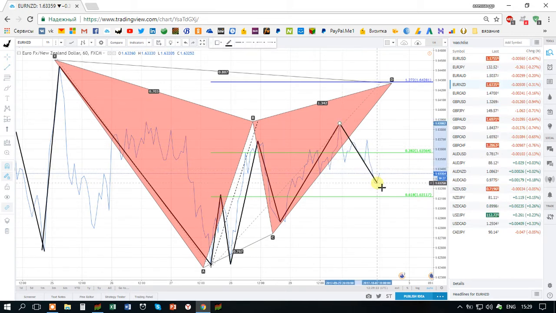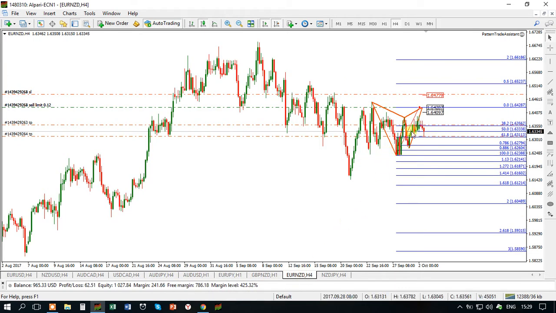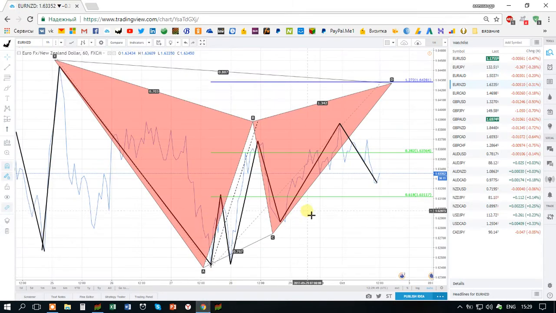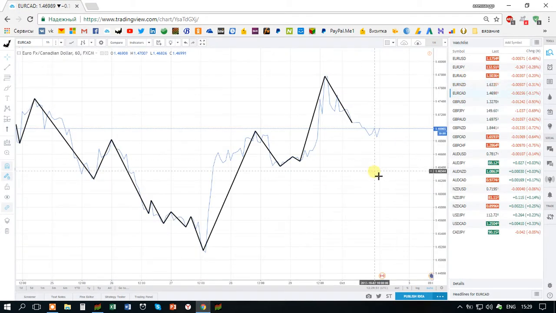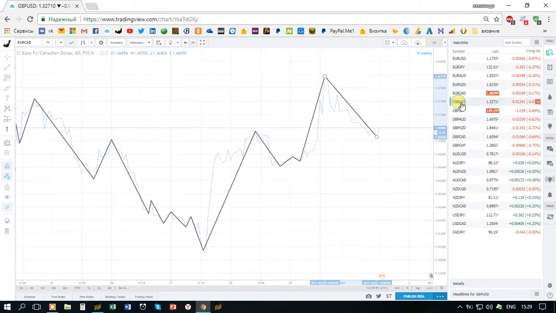Yes, we have a downswing, but no other pattern. Euro New Zealand, let me see if I have this pattern. Euro New Zealand, yes, I have it drawn on 1 hour. It looks this way. Going next, Euro Canadian. Euro Canadian, the swing continues lower.